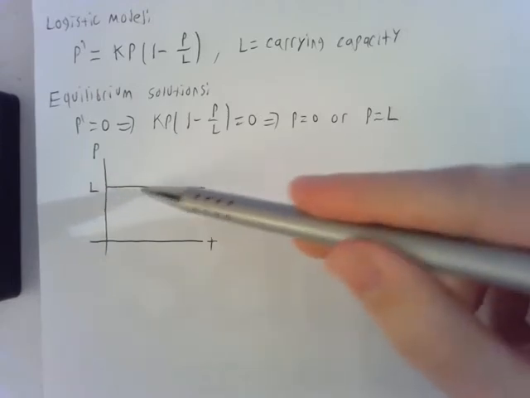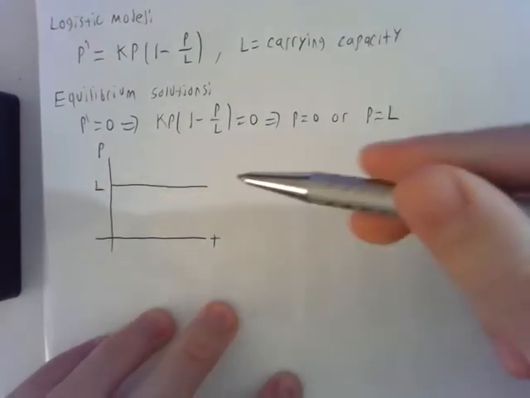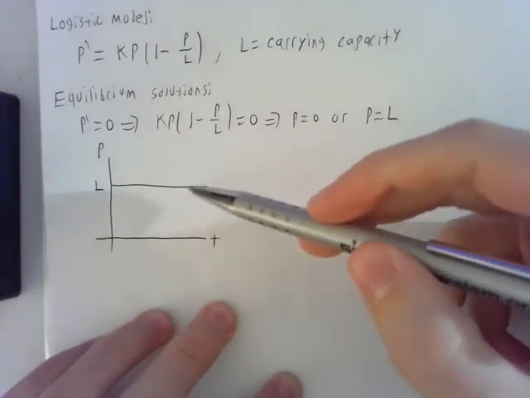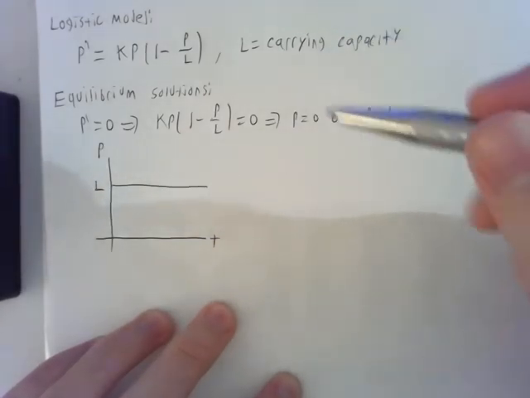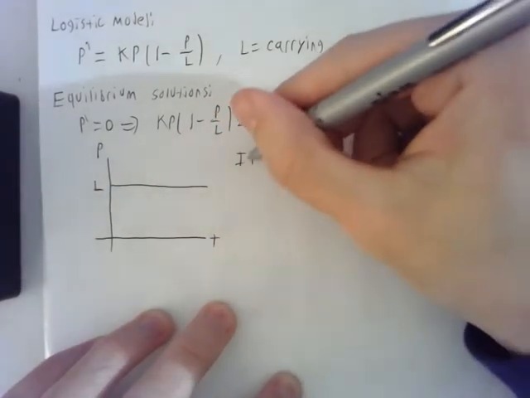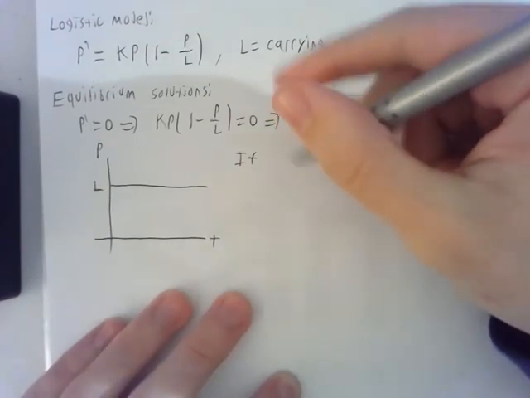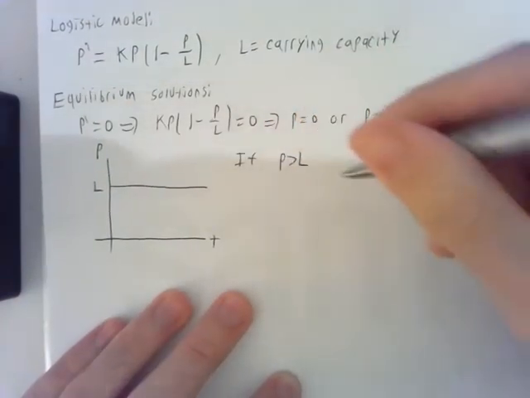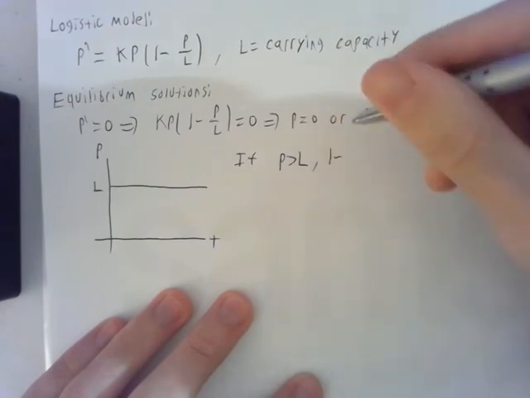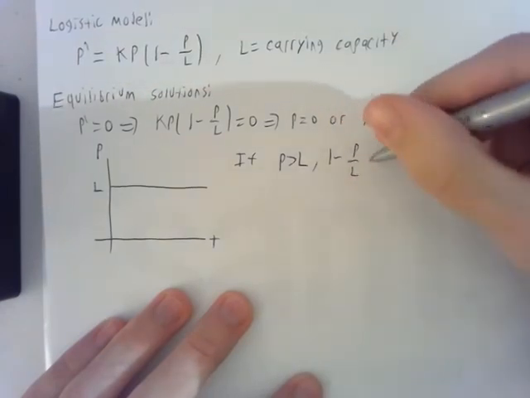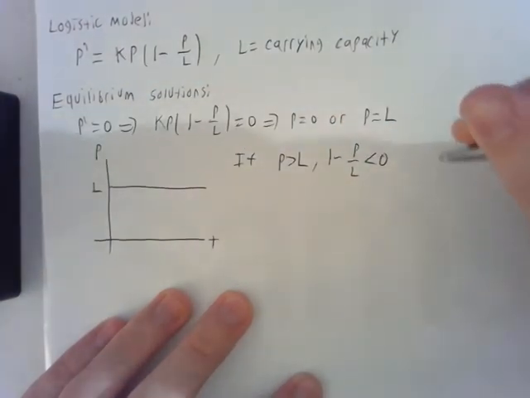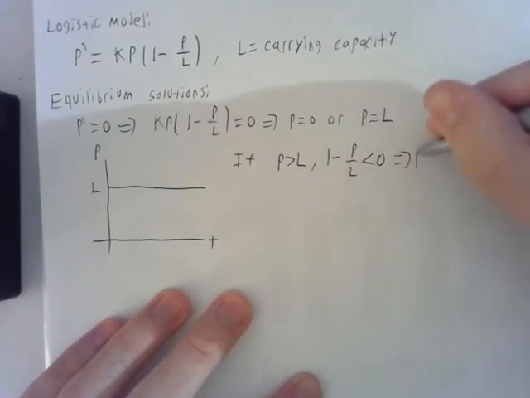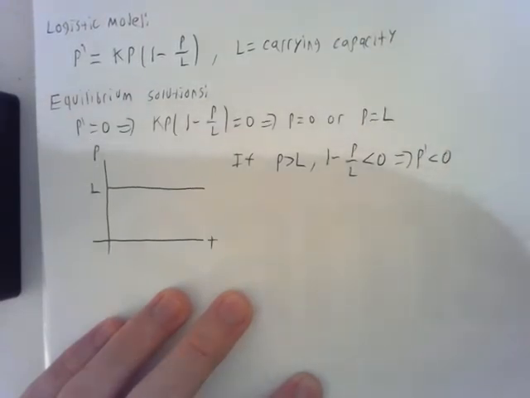Now the question is, how do the solutions behave nearby this equilibrium solution? Well, if P is greater than L, then 1 minus P divided by L is less than 0, and that means P prime is less than 0. So P is decreasing.